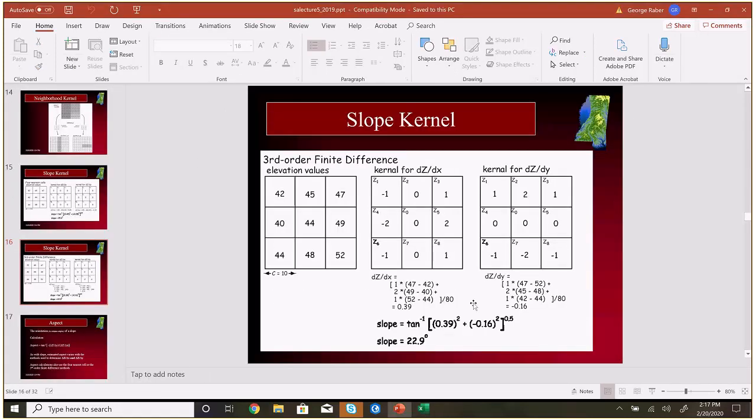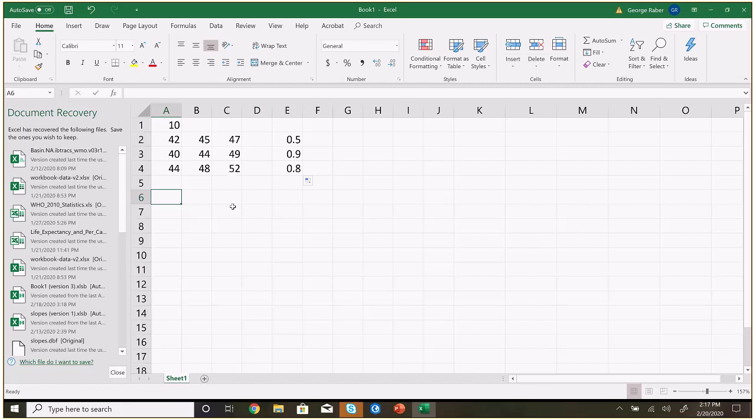All right, and then this would be 47 minus 52, so it's this minus that is equal to this minus that divided by the cell size. That's going to be a negative number, yep. And then we can just fill this way.